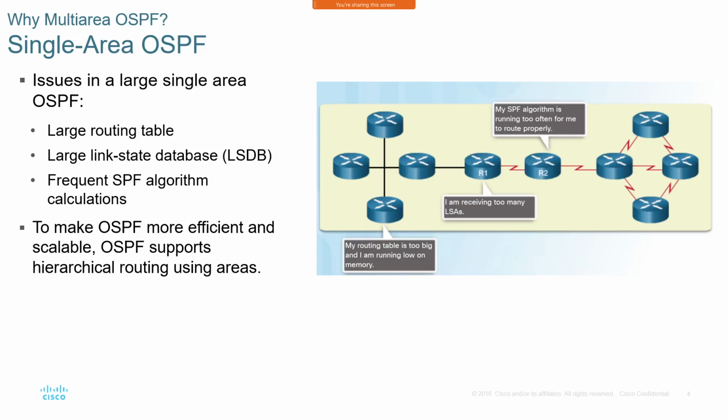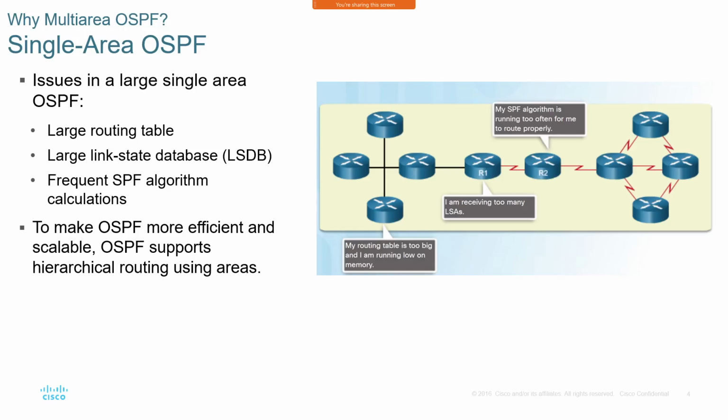So having a single area OSPF may sound like a good idea, but depending on the size of the network, it may not be, because it's going to slow down the shortest path algorithm. You remember the SPF algorithm? It does the calculation based on Dijkstra's algorithm to find the best routes for certain networks.